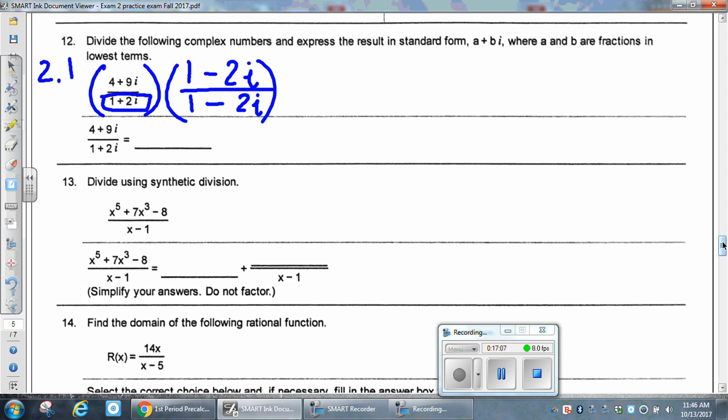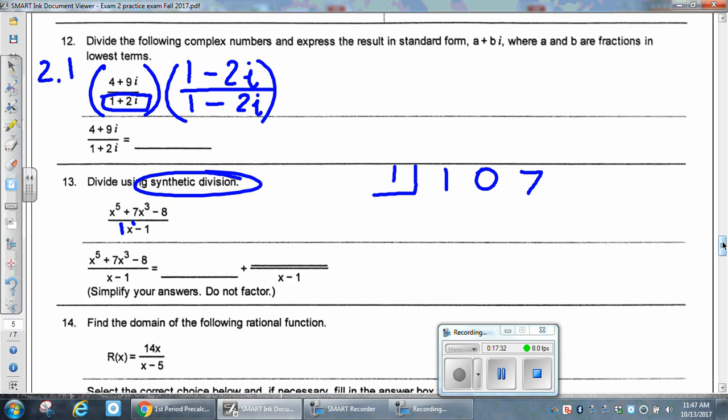Now here you have synthetic division. Can we do synthetic? Yes, because the leading coefficient here is a 1, and the degree of the divisor is 1. So what number do we put in the box? Positive or negative? Positive. Now look at the coefficients. We have x to the 5th, so 1. We do not have x to the 4, so 0. Then we have x cubed.